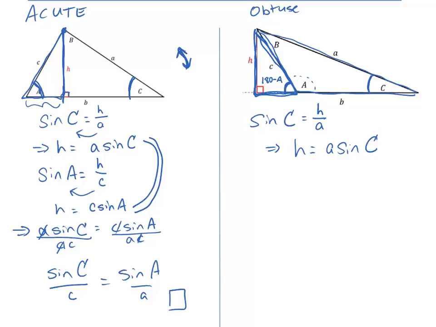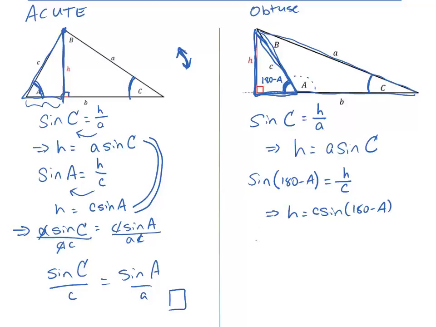So if A is this angle here, then this angle inside the triangle is going to be 180 minus A. Doing that, we take sine of 180 minus A equals h over the length C, which means h is the same thing as sine of 180 minus A times C.